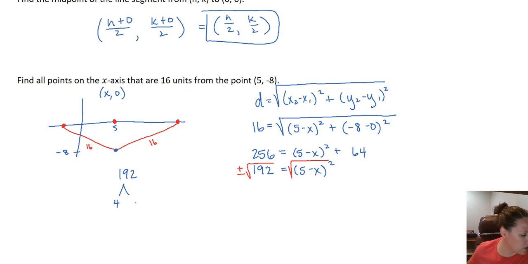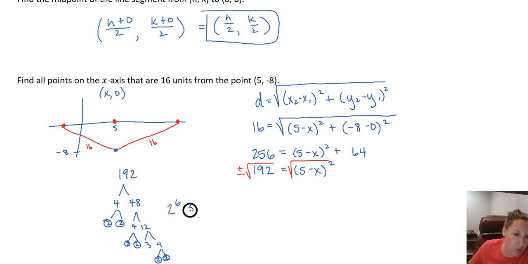I know 4 goes into it 48 times, and 48 is 4 times 12, 4 is 2 times 2, 12 is 3 times 4, 2 times 2, so we've got 1, 2, 3, 4, 5, 6. 2 to the 6 times 3 would be that prime factorization.